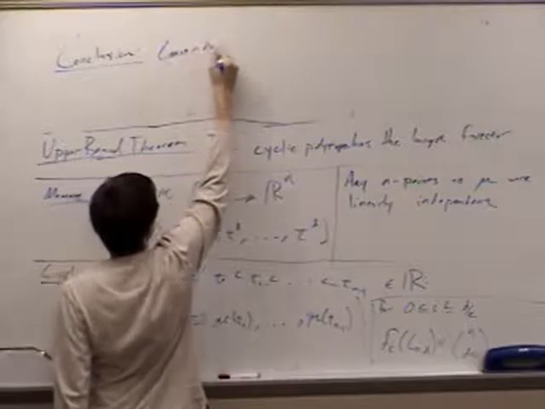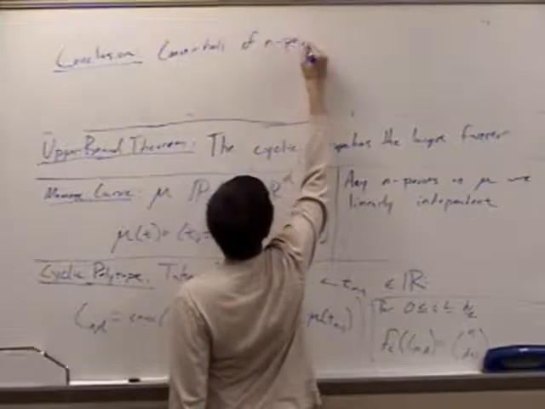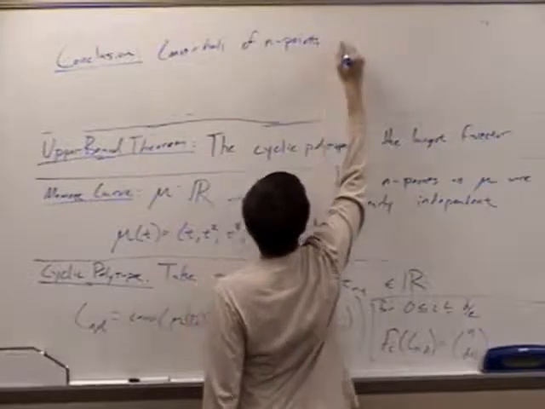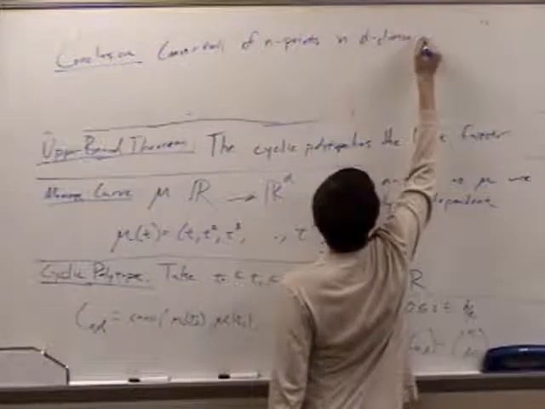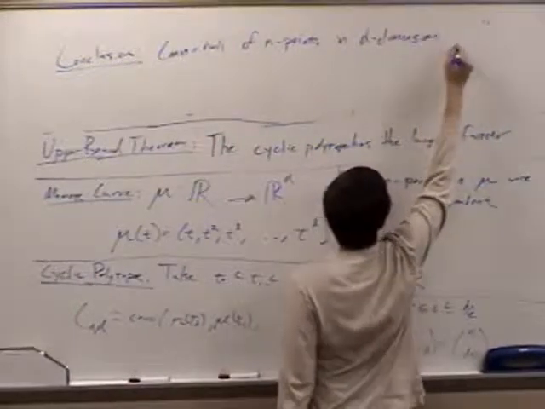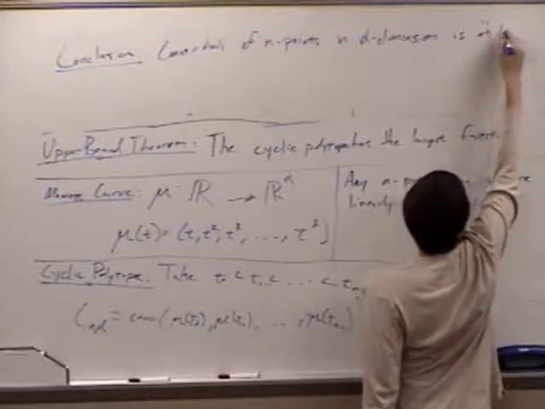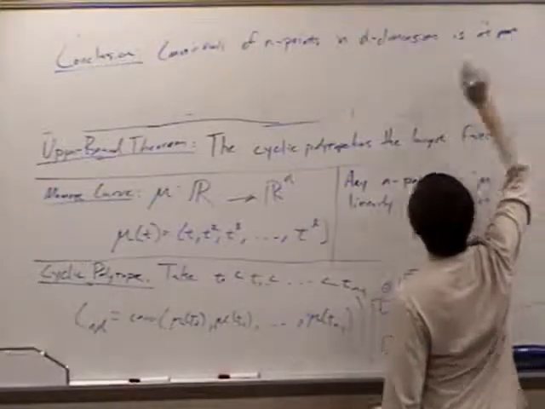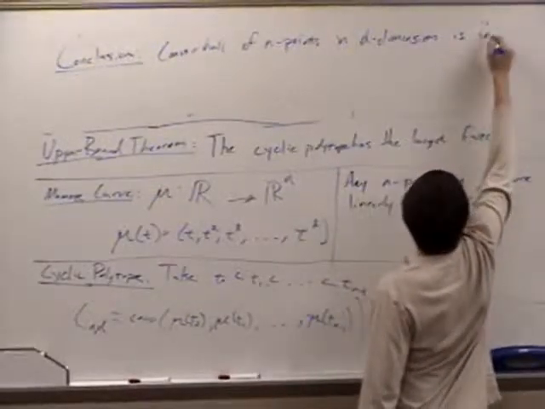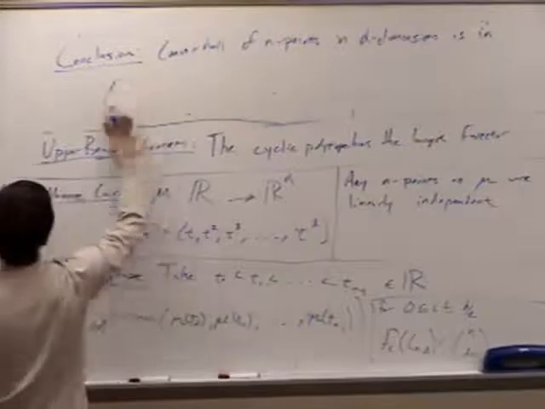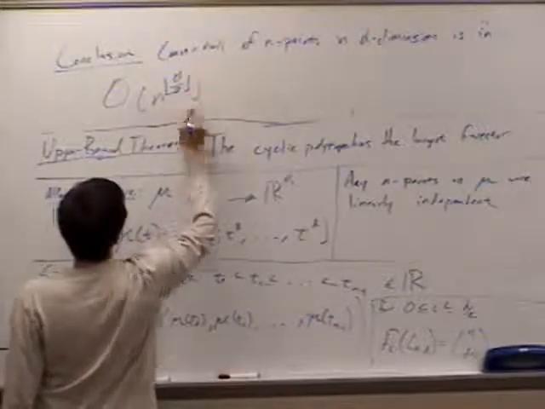The convex hull of n points in d dimensions is at most, or we'll just say it's in order, n to the d over 2 rounded down.